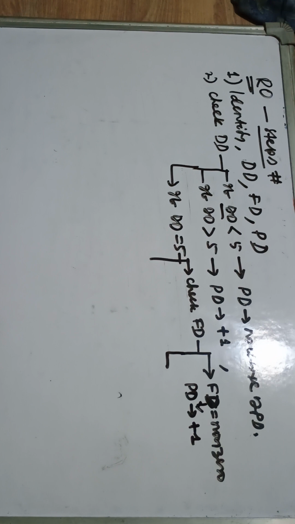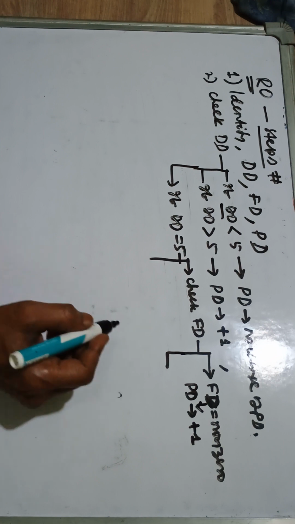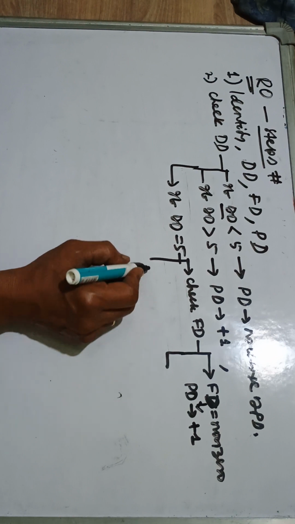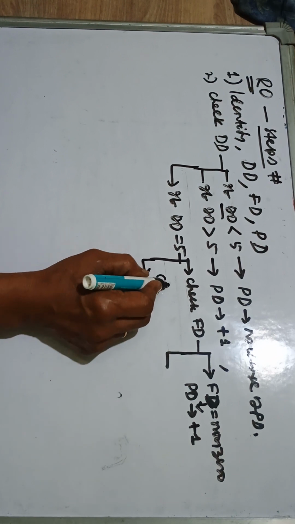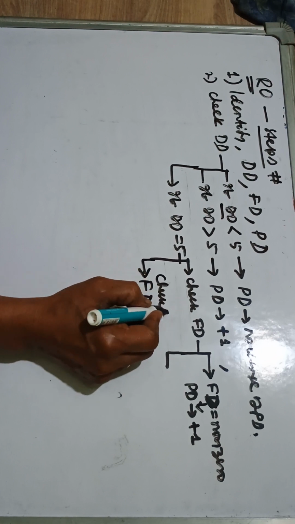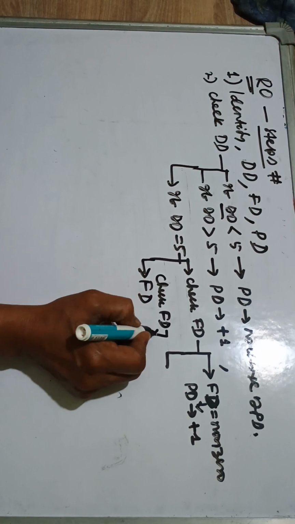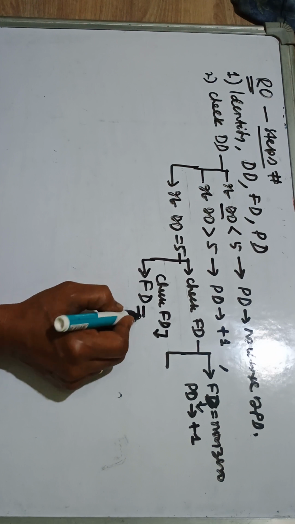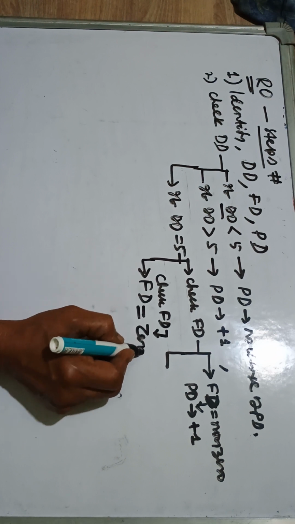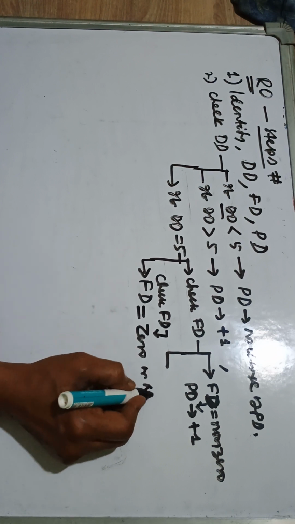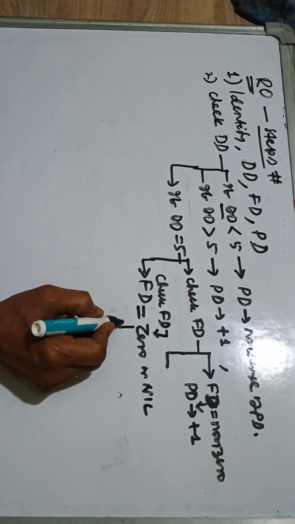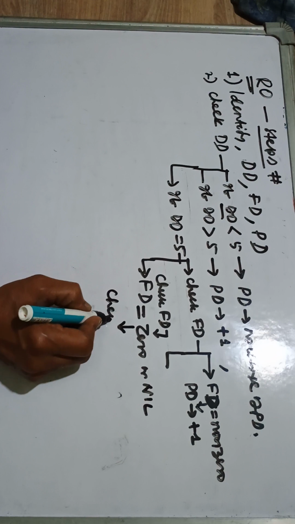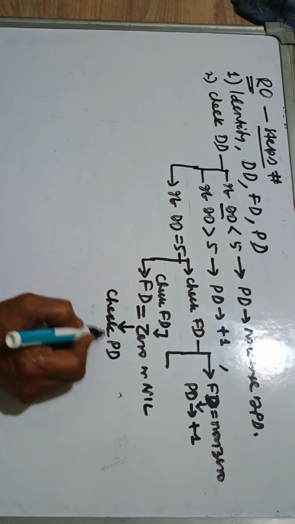If FD is 0 or nil, no value, in both cases check PD.